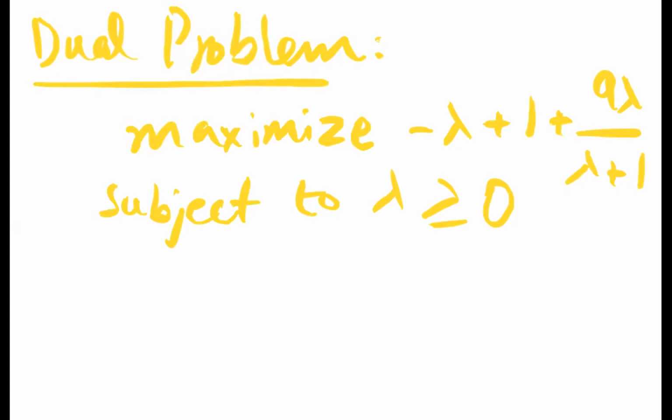So now when we differentiate it with respect to lambda, it's a single variable, so we simply use dLD over d lambda.